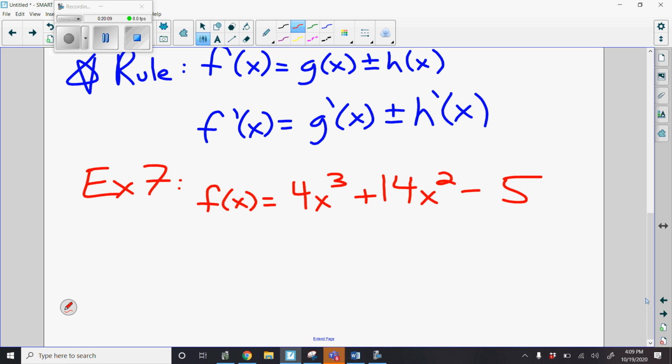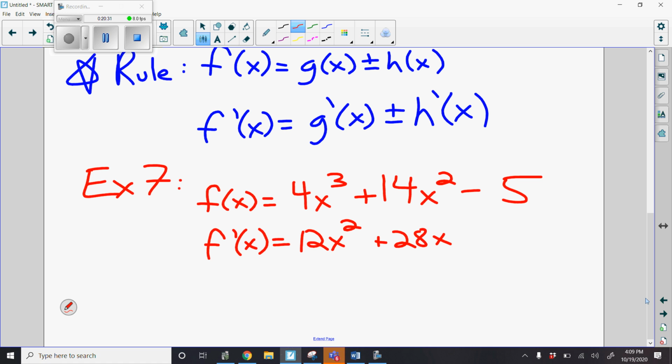So if I want to do the derivative of a string of functions added together, like a polynomial, very simply, I can just go through and do the derivative of each one. So f prime of x then. These are all in ax to the n form. I'll just start with, well, that would be 12x squared for the first derivative plus 28x to the first.